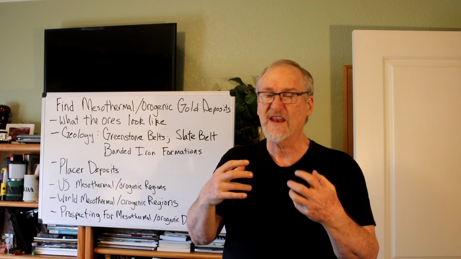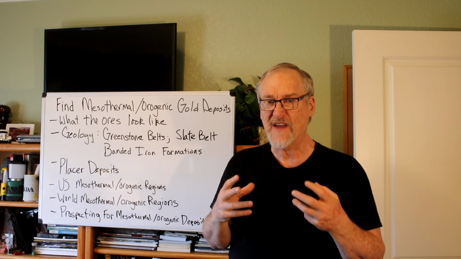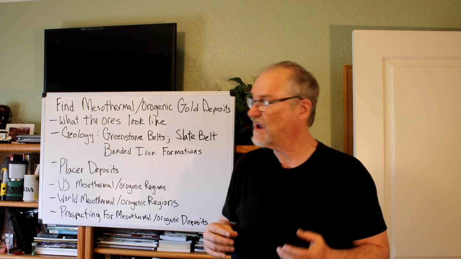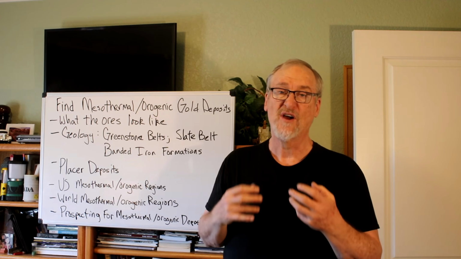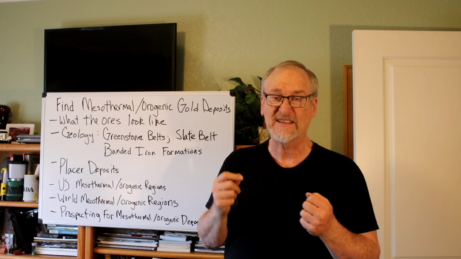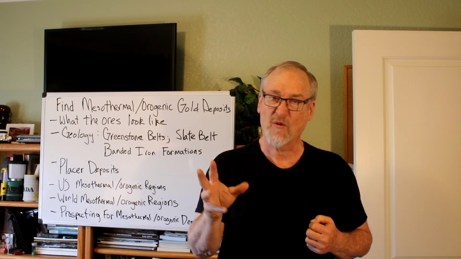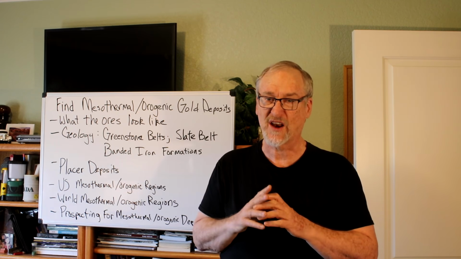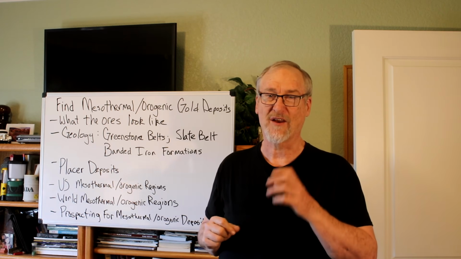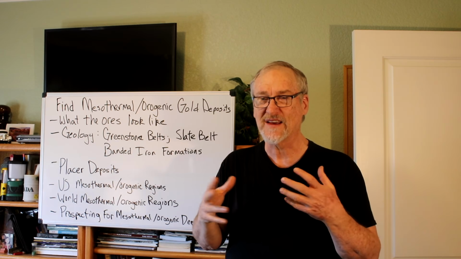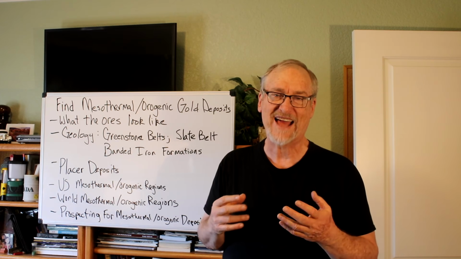Although the different kinds of rock types found in these deposits can vary, there are favorable rock contacts and rock types for a number of different places. So you can't just say, what works in the Mother Lode country is going to work in West Africa, or what works in Australia is going to work in British Columbia, because they're not always exactly the same.